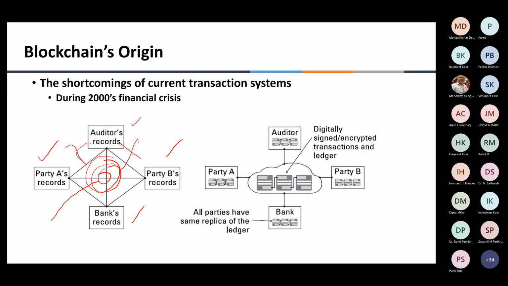A better solution is that instead of maintaining all these records in a centralized node, we can move toward a distributed architecture where each node maintains its own information in the form of digital ledgers, and these distributed ledgers maintain their information.